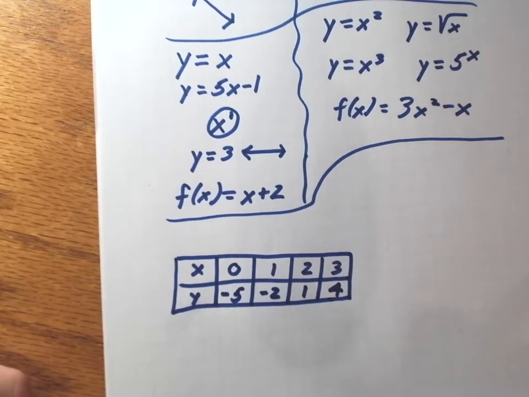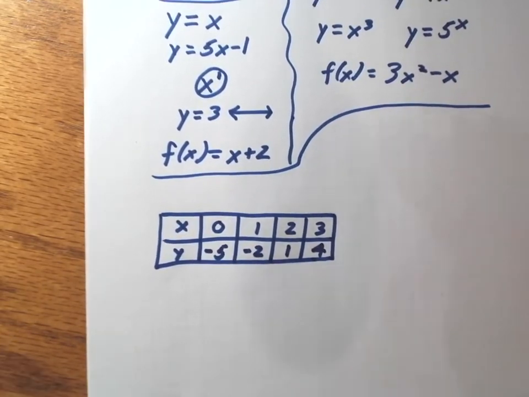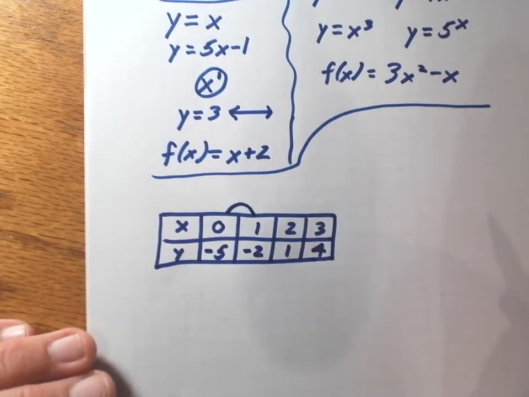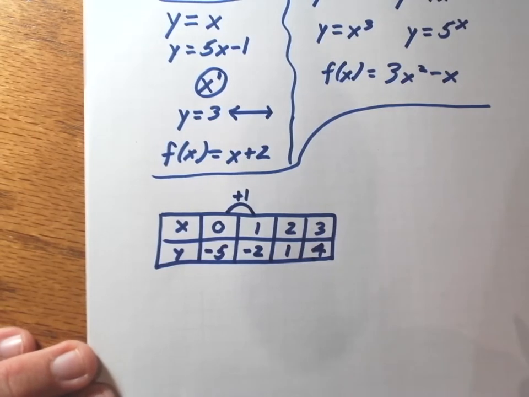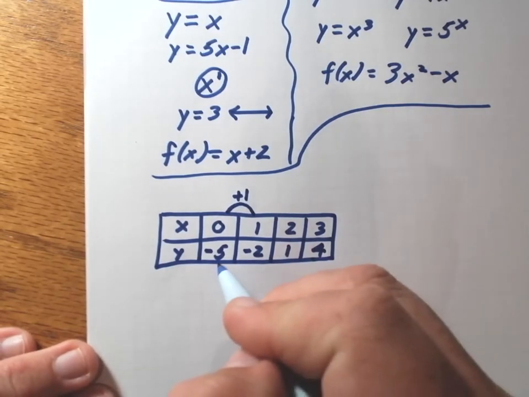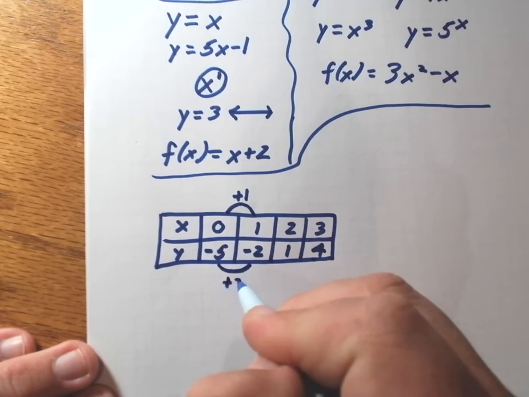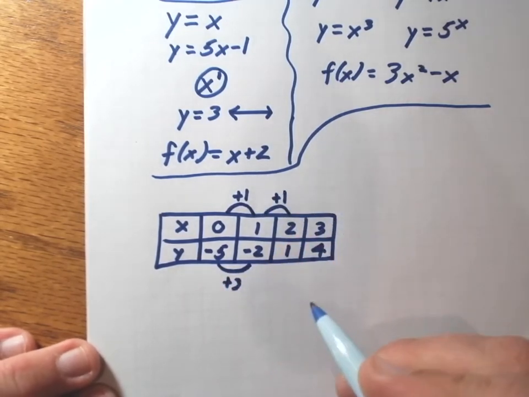Okay. So if we take a look at this table here, how do we know if the table of values represents a linear function or a nonlinear function? Well, what we do is we look between 0 and 1, and we see what the pattern is doing. Between 0 and 1, we're going up by 1. Between -5 to -2, we are going up by 3. If I look from 1 to 2, I'm going up 1.